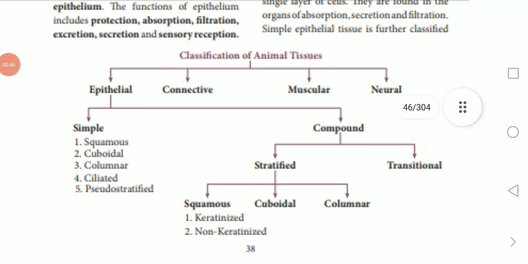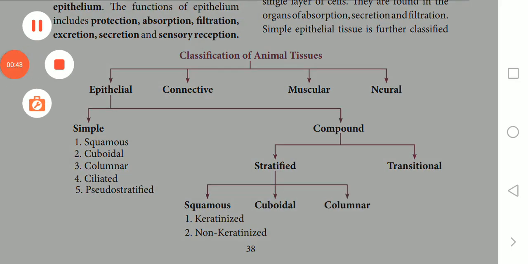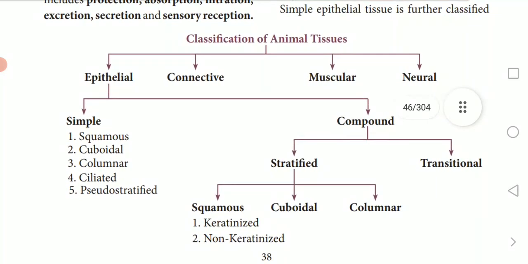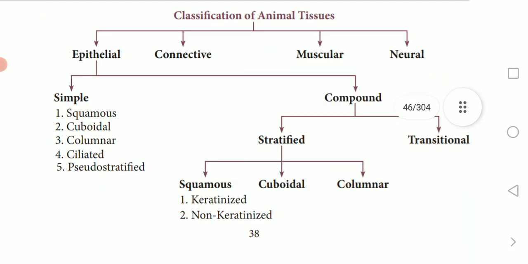In the last video class, we saw the classification of animal tissue. Animal tissues are classified into four: epithelial tissue, connective tissue, muscular tissue, and neural tissue. Then we started epithelial tissues, which are classified into simple epithelial tissue and compound epithelial tissue.